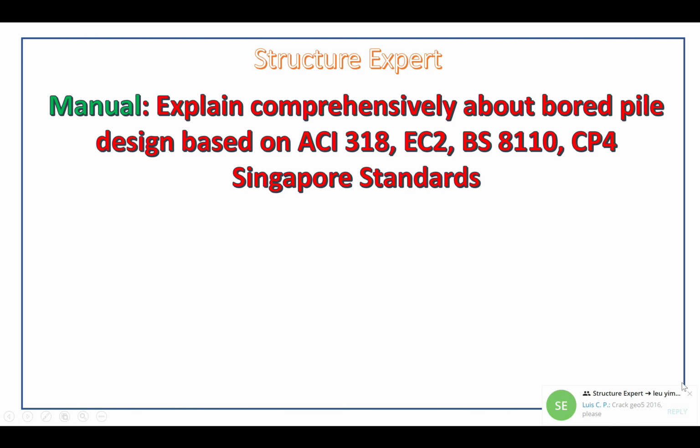Okay, now I will explain manually how to calculate based on ACI code, based on Eurocode, based on BS code, based on the Singapore standard. We will discuss in more detail and comprehensively by hand calculation, and we then compare it with GEO software, and we will know how to calculate the rebar.